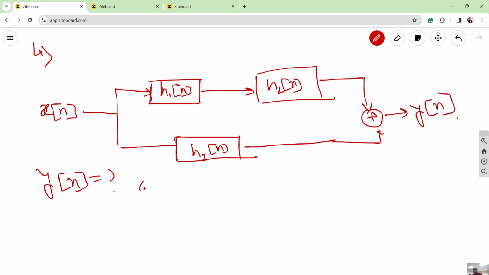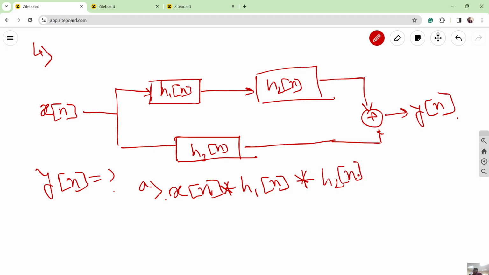There are four options. First option is x of n convolution h1 of n convolution of h2 of n plus x of n convolution of h3 of n.